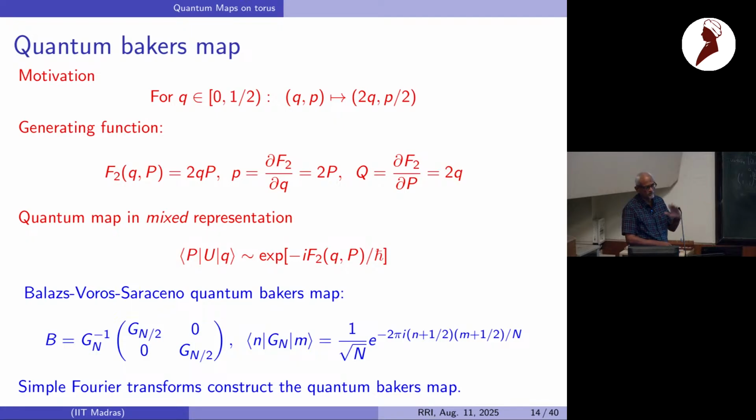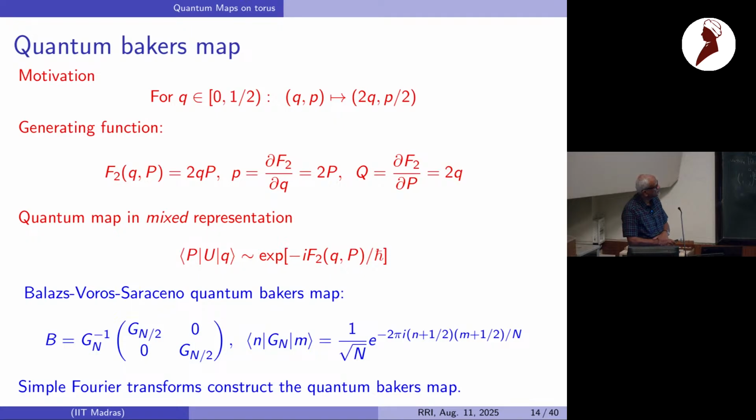Every canonical transformation is a map because it's taking you from one set of q and p to another set of q and p, and it's a discrete transformation. And in fact, all the maps that we are considering as dynamics have to be canonical because dynamics is a canonical transformation. So you may think about this simple canonical transformation where (q, p) goes to (2q, p/2), clearly area preserving, and therefore symplectic, etc.